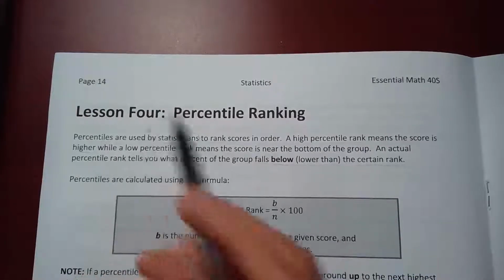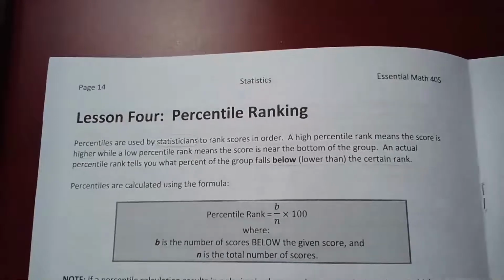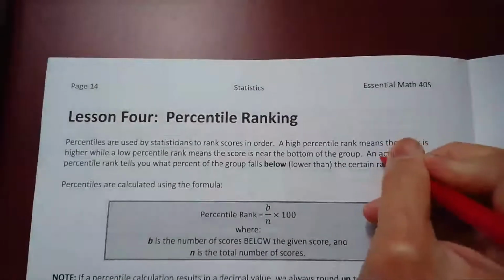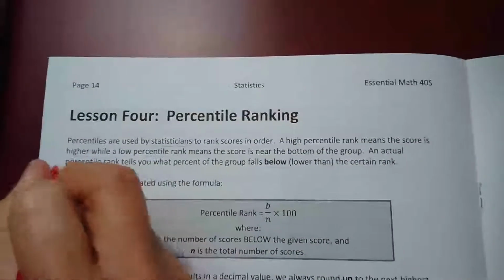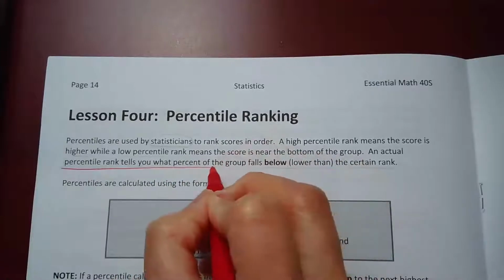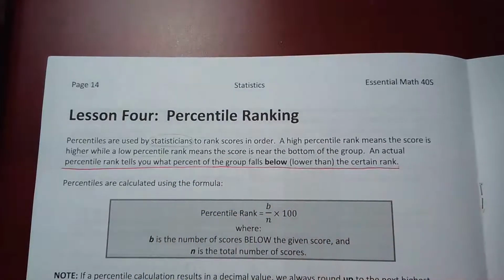So if we want to highlight that, I'm just going to underline it, because that's what it means. Percentile rank tells us what percent of the group falls below a certain rank.